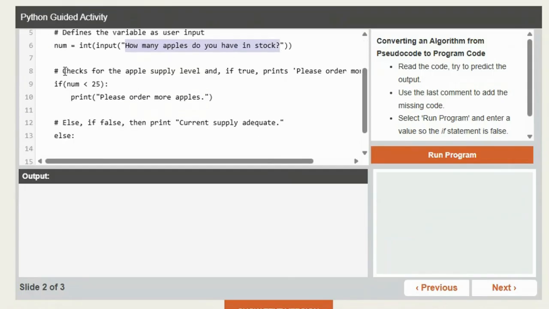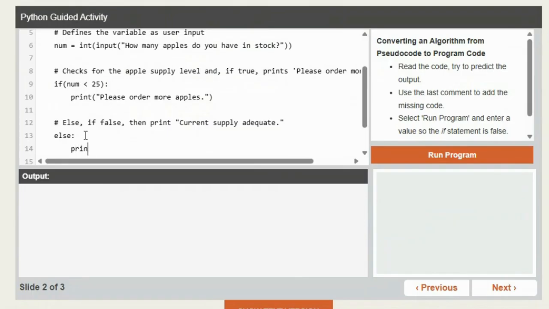Then this says, this checks for the apple supply. And if it's true, it prints, please order more apples. So that's again where it checks to say, do we have less than 25 now? If the number that we enter is less than 25, it'll say, please order more apples. And this says else, if false, if it's not less than 25, then print current supply adequate. So they put the else statement. We've got to add another print statement.